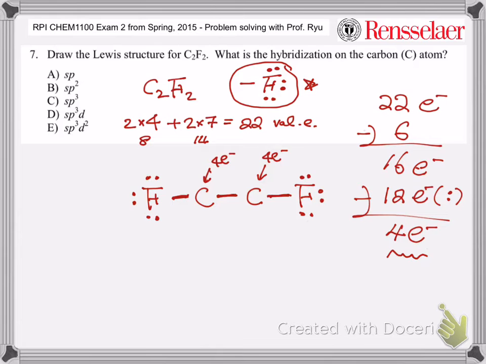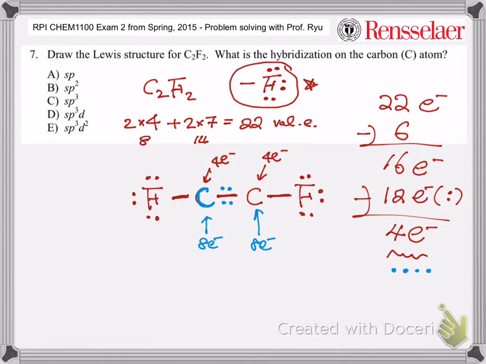So if I use a different color, I have 4 electrons to place, and the only way the carbon in the middle can get 4 more electrons is if you put them in this way, right? Then this one has 8 electrons and fulfills the octet rule. So does this one, 8 electrons.